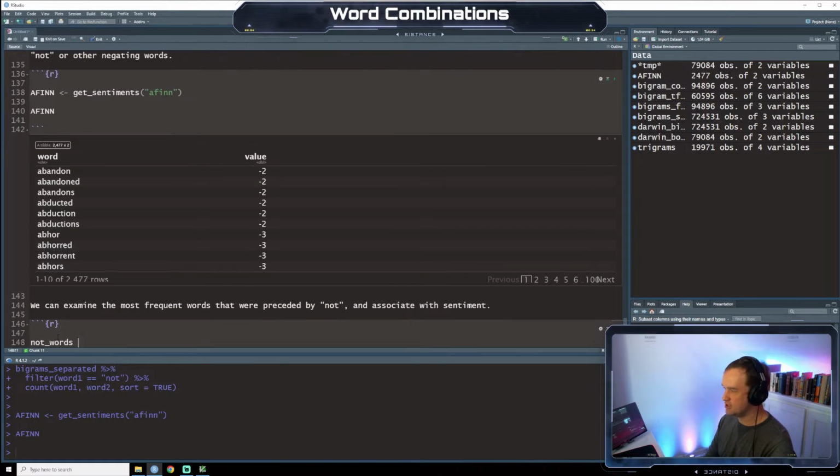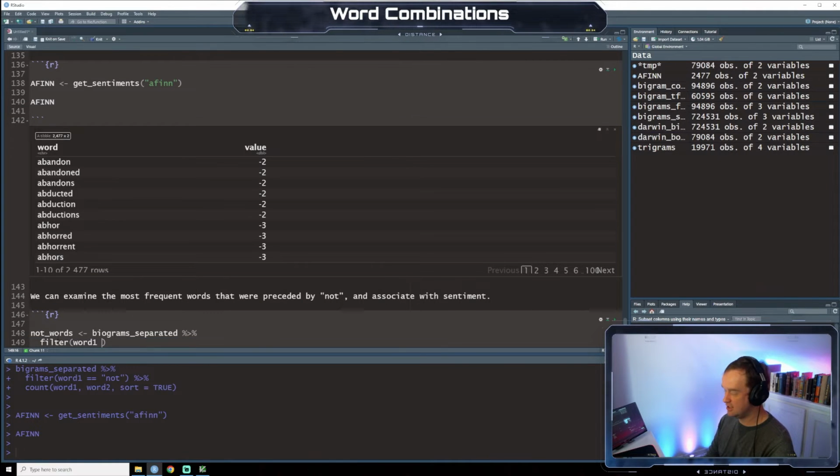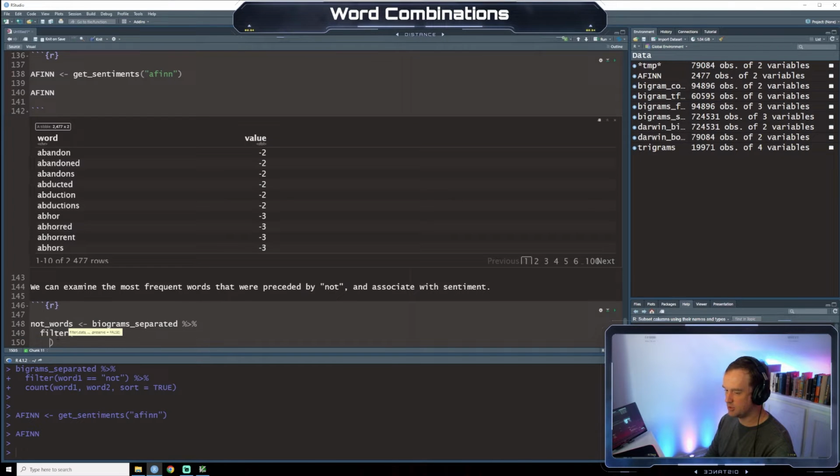So we're going to do not_words, our bigrams separated, filter word1 is double equal sign, not triple equal sign, is not, pipe down, inner join, AFINN, by equals word2 equals word.